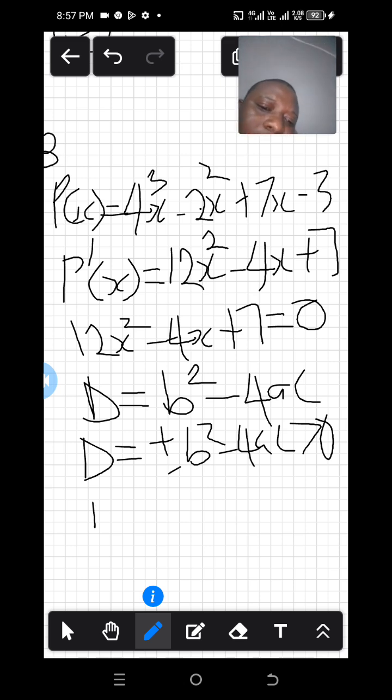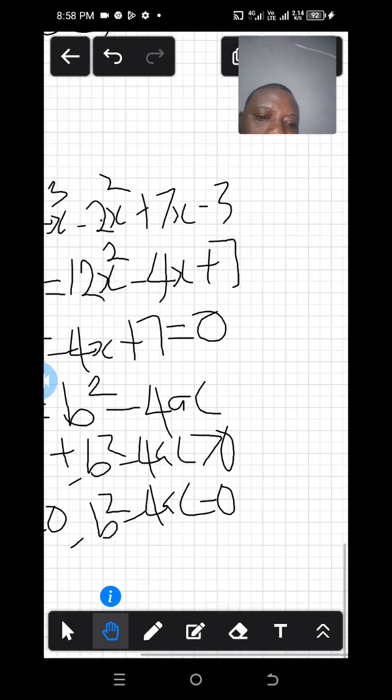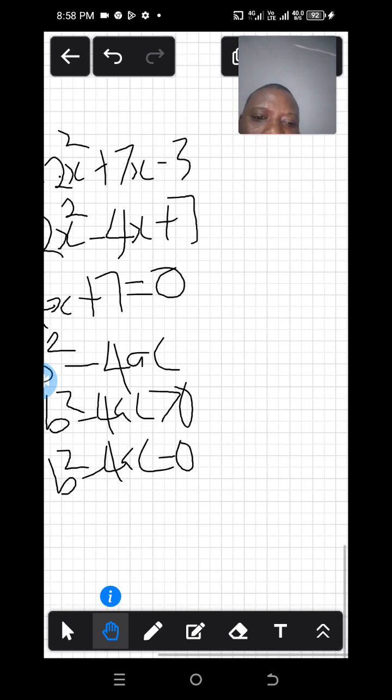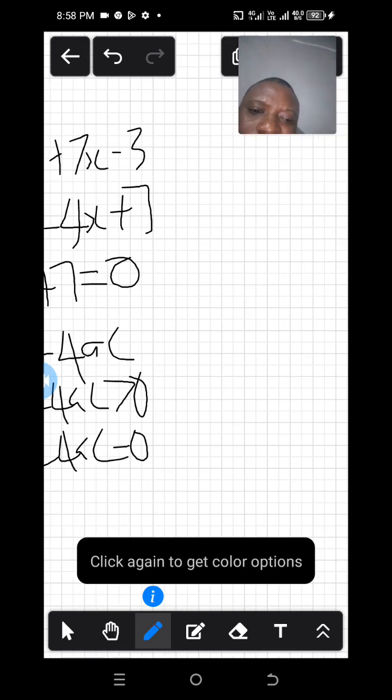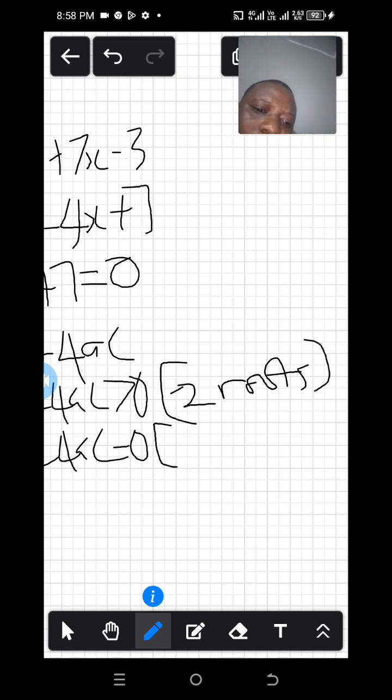Another case, D can be 0, that is b squared minus 4ac equals 0. In this case we always have only one root, that is equal roots.